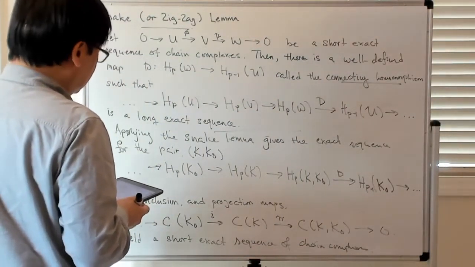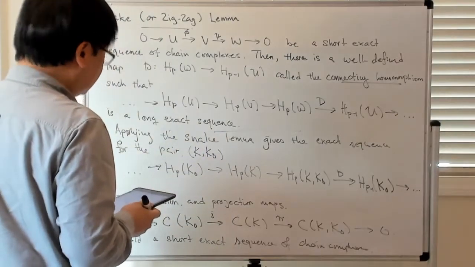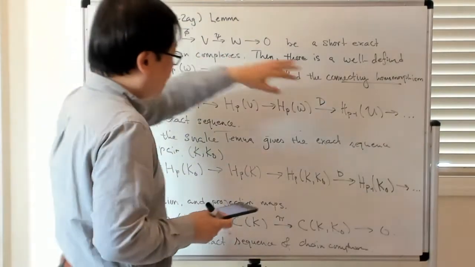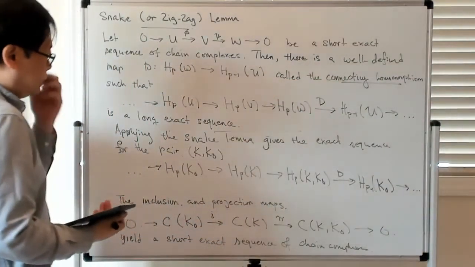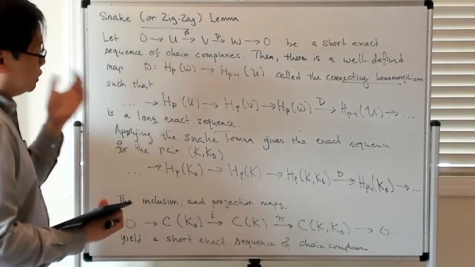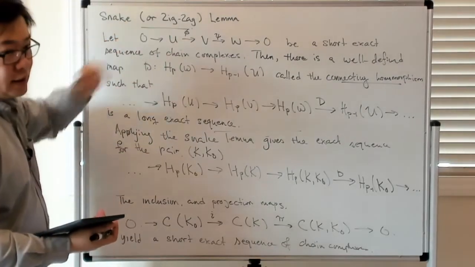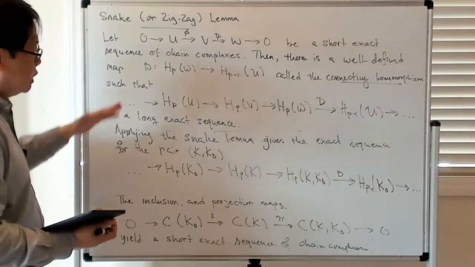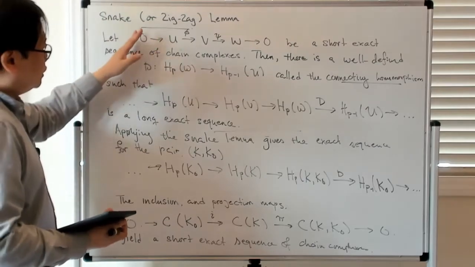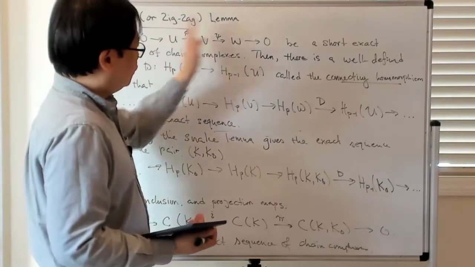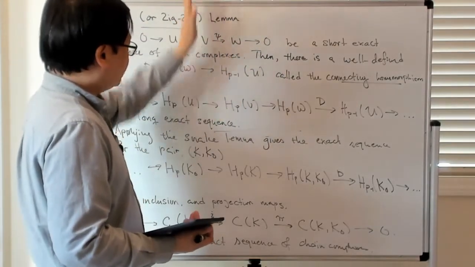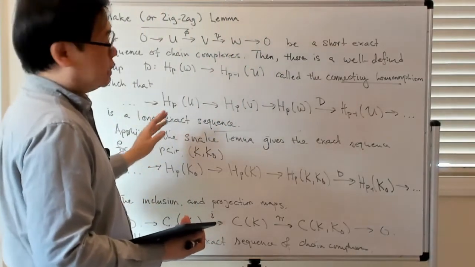So what I'm going to do next is to show you how to construct this connecting homomorphism. And what you'll see in the proof is a hint as to why it's called the snake or zigzag lemma. As we saw before, it's going to involve the chain maps horizontally, and then the boundary maps vertically associated with chain complexes.